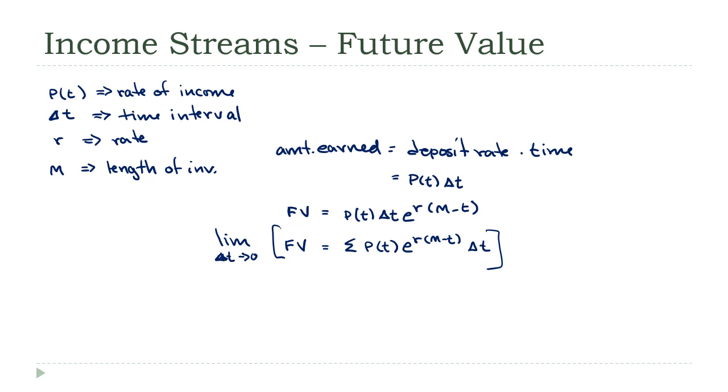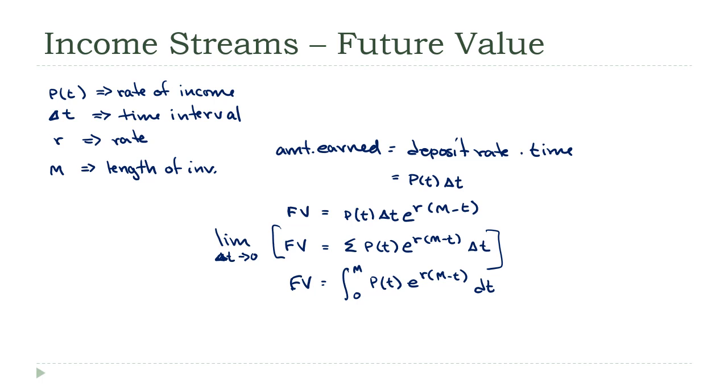Just as we saw back in first semester calculus, the limit of this sum is what we call an integral. So the future value is the integral from 0 to m of P of t e to the r times (m minus t) dt.